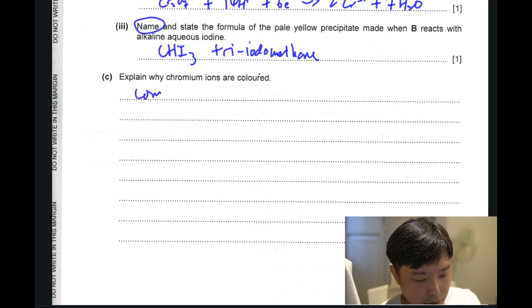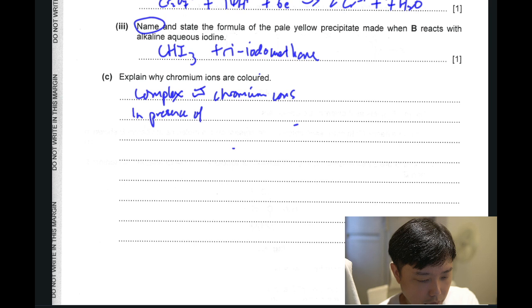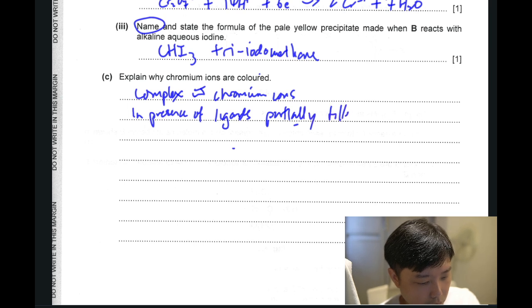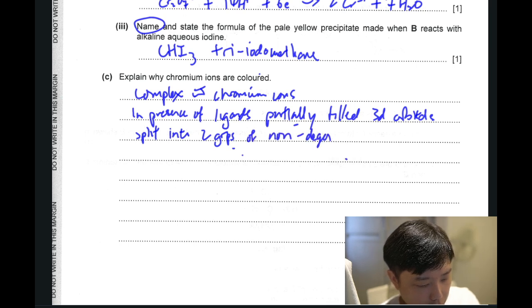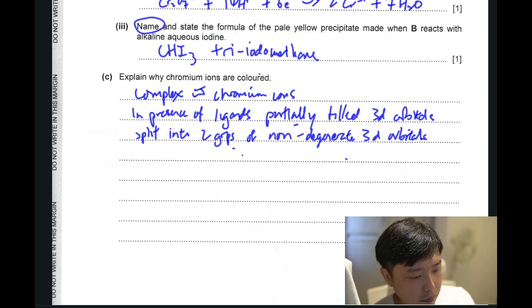For complexes formed with chromium ions in the presence of ligands, your partially filled 3d orbitals split into 2 groups of non-degenerate 3d orbitals with an energy gap.